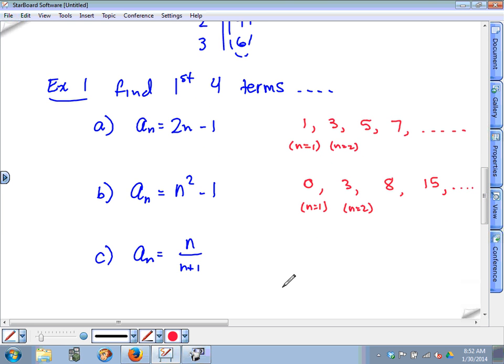Ooh, we get some fractions now. Wonderful. 1/2, 2/3, 3/4, 4/5, and so on and so on and so on. Okay? That's how your homework starts. You just have to list a couple of terms in the sequence. Okay?